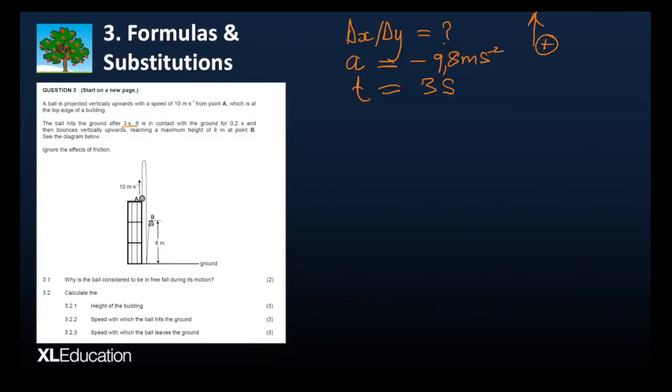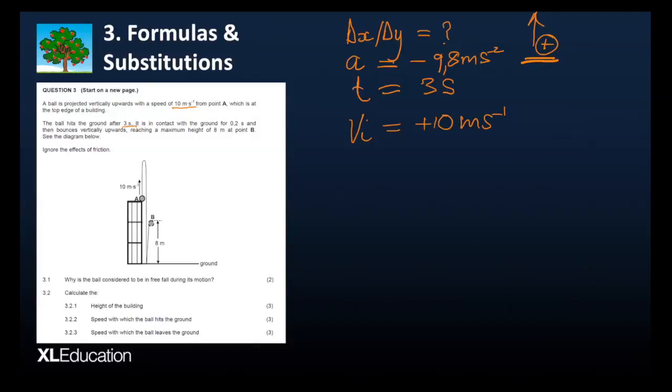A ball has been projected vertically upwards with a speed of 10 meters per second. That is another piece of information that is given. So our initial velocity is equal to plus 10 since our ball is moving upwards. So it's plus 10 meters per second. We should get used to our units because they're very important, right?